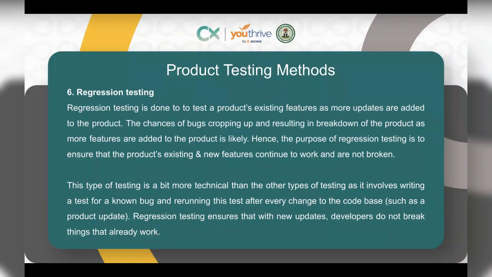When you launch your MVP, you might not experience this issue. But once you have an existing product and you are constantly launching features on top of existing features, you might find that your product starts breaking down. Right. And so regression testing helps to mitigate this type of risk. Essentially, the technical team has highlighted that this is a recurring bug, and so they write a test for that bug.